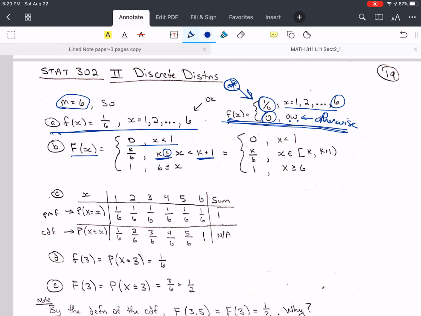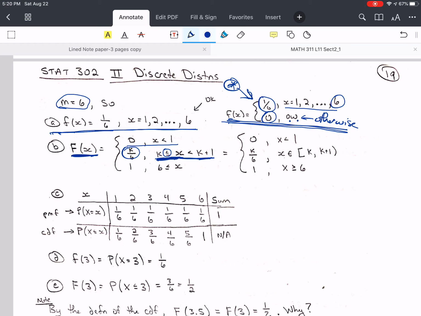So F of x here is k over 6 for k less than or equal to x, or for k plus 1 greater than x. So if x is less than k plus 1 but greater than or equal to k, then F of x, the CDF, is k over 6 in this case.